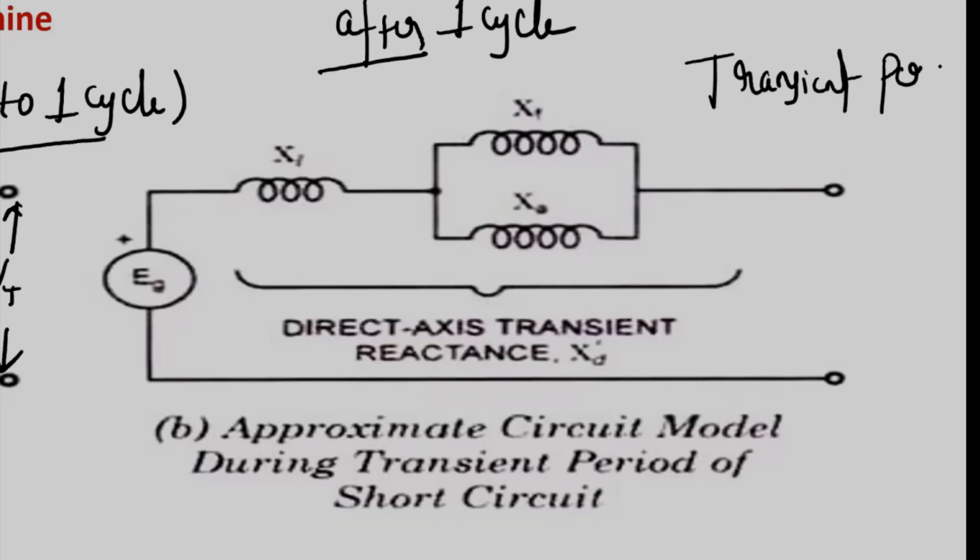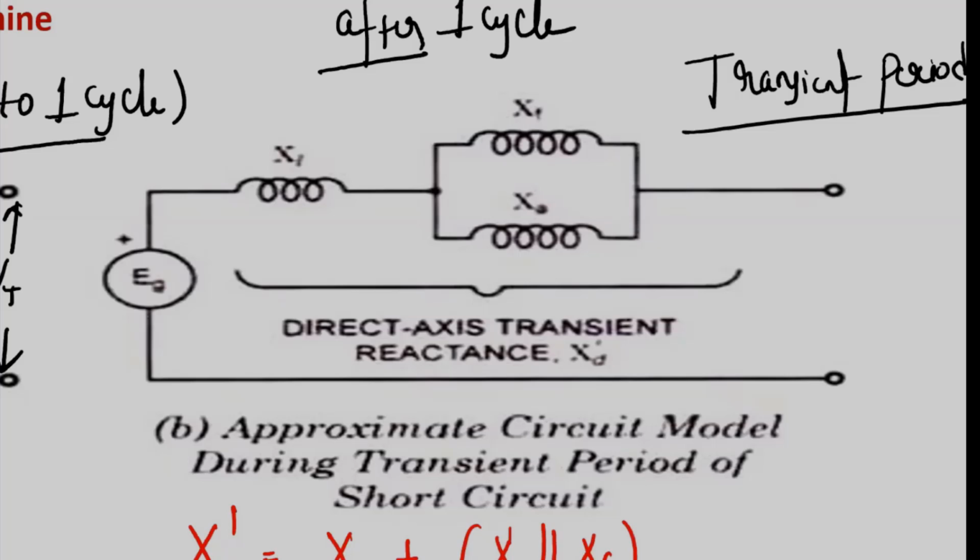The previous case is the subtransient period. In the transient period, the reactance is called the transient reactance, XT dash, which is given by leakage reactance plus the parallel combination of armature reactance and field reactance.